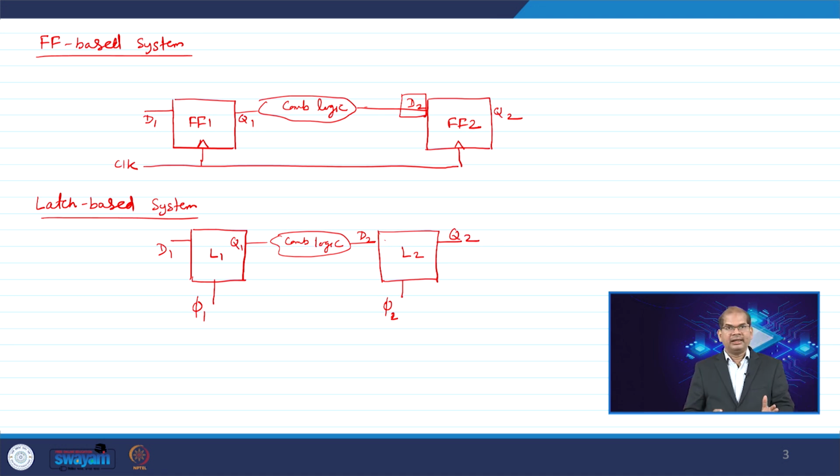Ideally your data D2 should come before the rising edge of latch 2. However, if the data comes late, since latch 2 is transparent in the positive half cycle, it can still pass the data D2 to Q2. So, there is no hard edge unlike a flip-flop. The latch based system is more flexible.